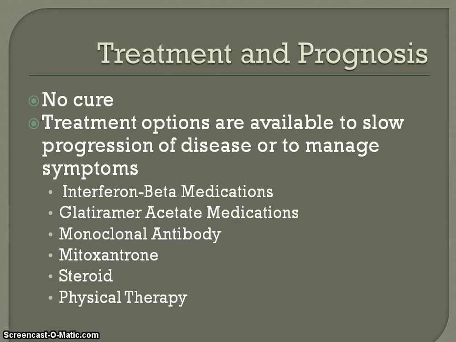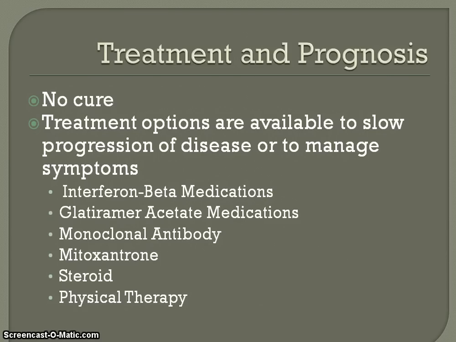So there are several classifications of medications. Most of these medications are given either via injection, either under the skin subcutaneously or in the muscle intramuscularly, or IV. But the interferon beta medications, these hopefully reduce the inflammation and increase the time in between attacks.